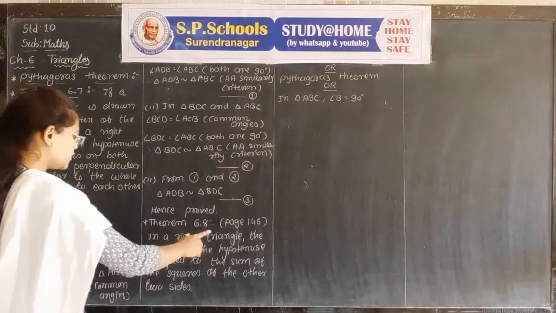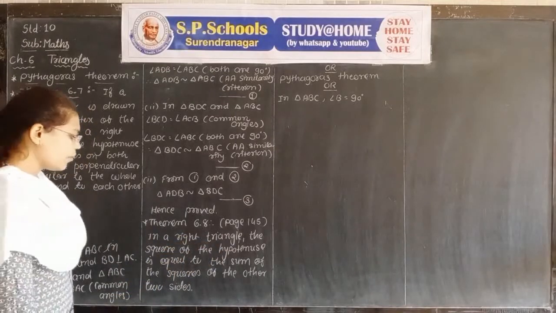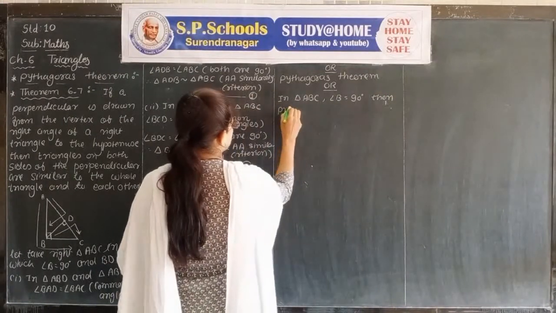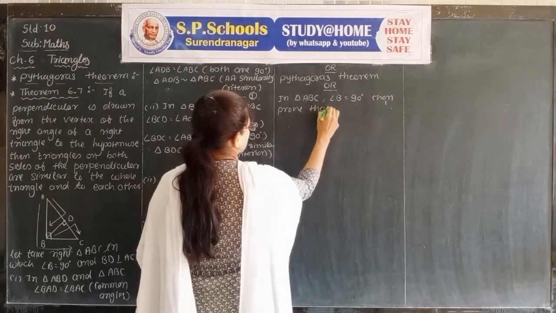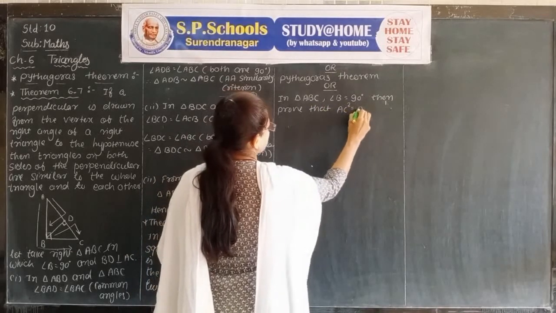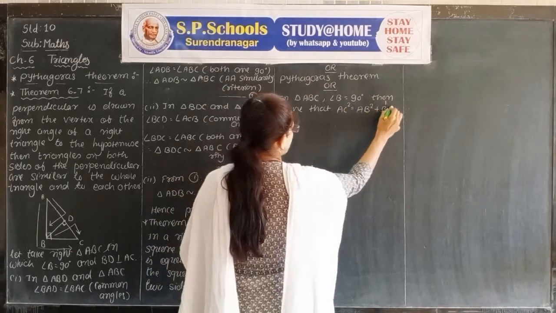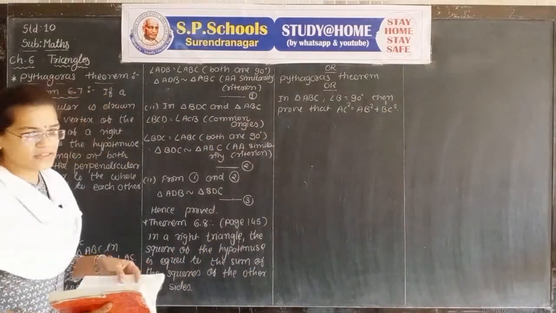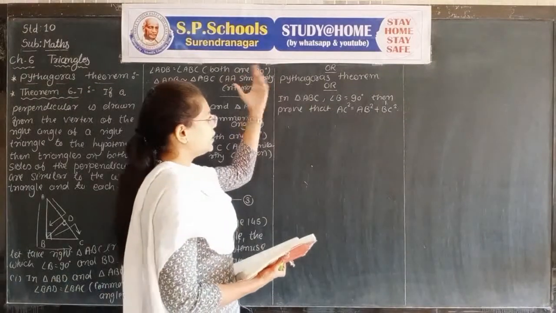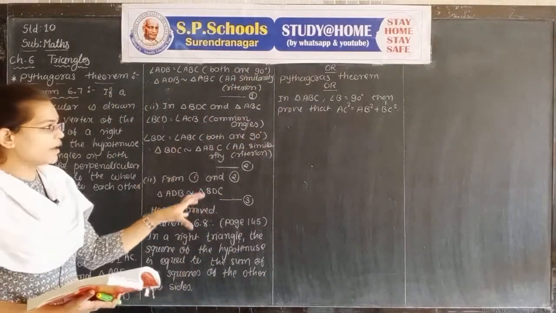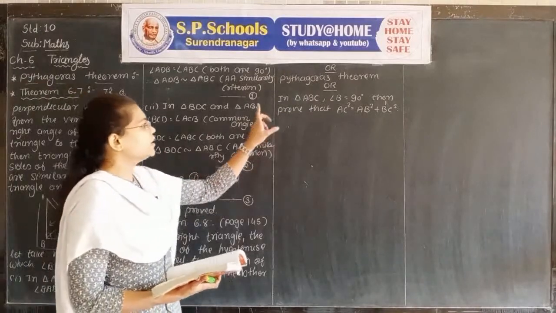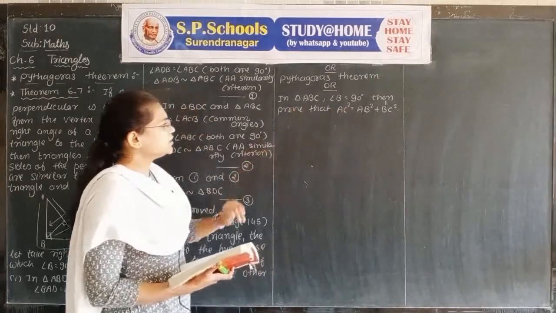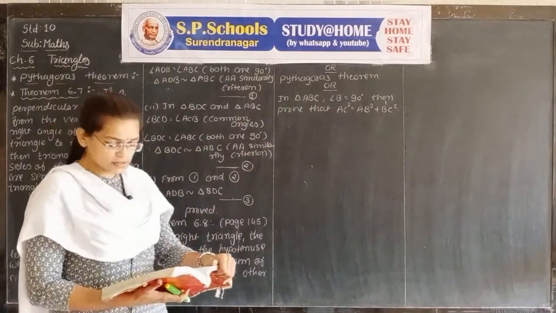We need to prove that the square of the hypotenuse is equal to the sum of the squares of the other two sides, that is, AC square is equal to AB square plus BC square. The name of the triangle can be changed in the examination; triangle PQR, XYZ or DEF may be mentioned in our question. But the question is to prove that in triangle ABC, if angle B is equal to 90 degrees, then AC square is equal to AB square plus BC square.